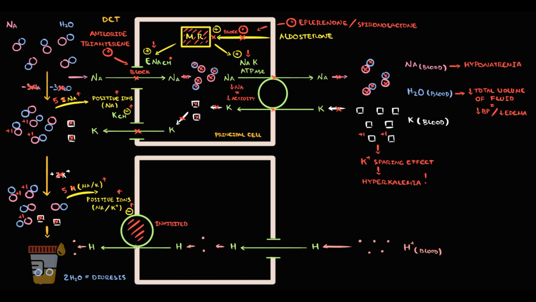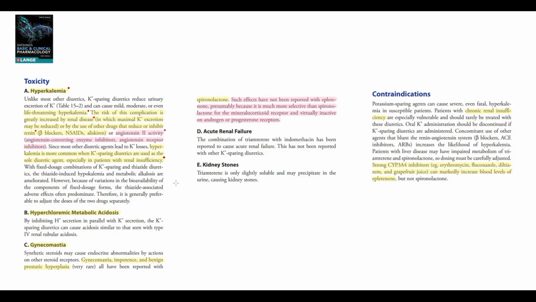As a result, fewer hydrogen ions will be excreted into the lumen, and thereby more hydrogen ions will remain in the blood. And accumulation of hydrogen ions in the blood with time will cause metabolic acidosis. Metabolic acidosis caused by potassium-sparing diuretics is similar to type 4 renal tubular acidosis.